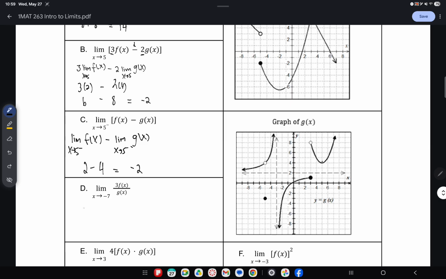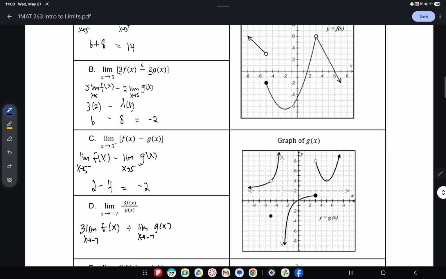Now we have a division, so I could say this is 3 times the limit as x approaches negative 7 for f of x. And because I wrote too big, I'm just going to write divided by the limit as x approaches negative 7 for g of x. All right.